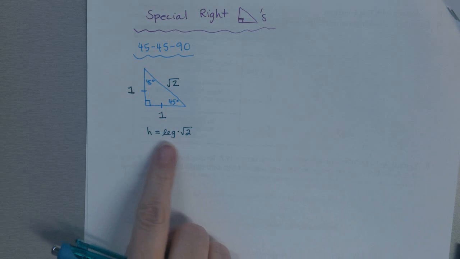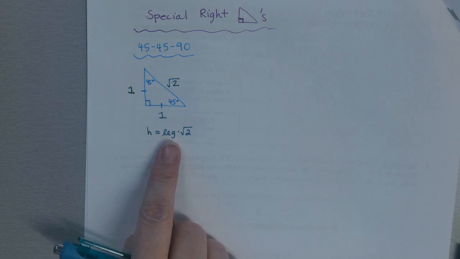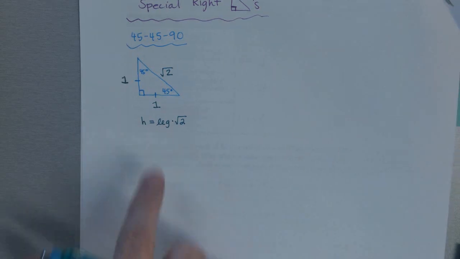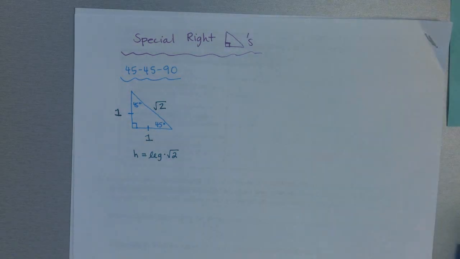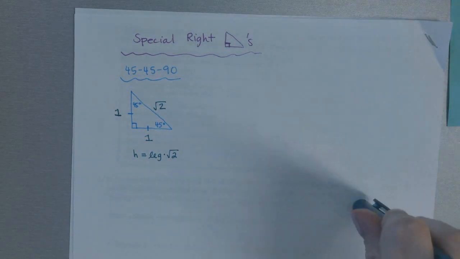So this is what you learned last year. Actually, I think you did this as well. You had to find the sine, the cosine, and the tangent using special triangles. I remember it like it was yesterday.